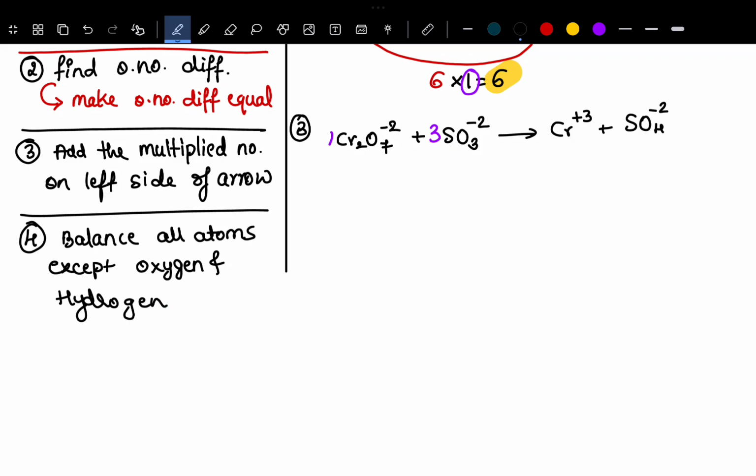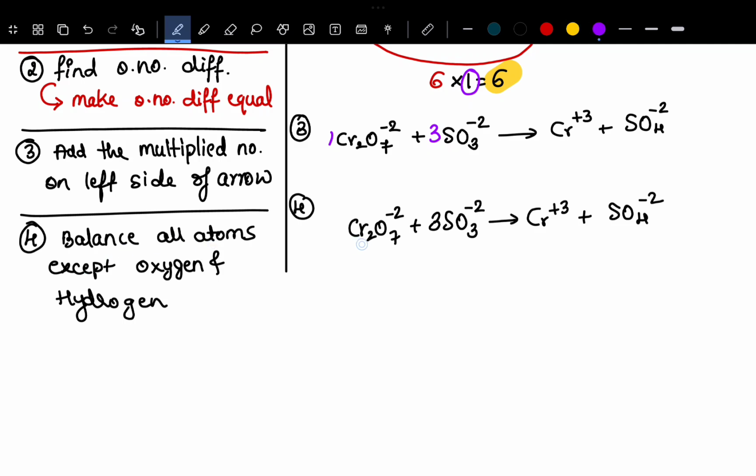Fine. So let us rewrite this equation. Cr2O7 minus 2 plus, so here we have 3, SO3 minus 2 gives Cr plus 3 plus SO4 minus 2. Alright. So we have to balance all atoms except oxygen and hydrogen.